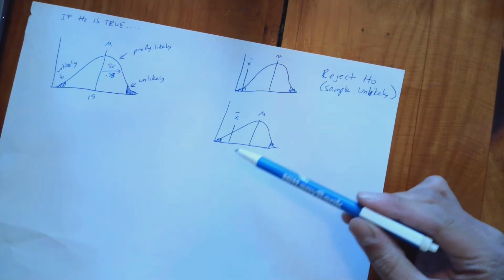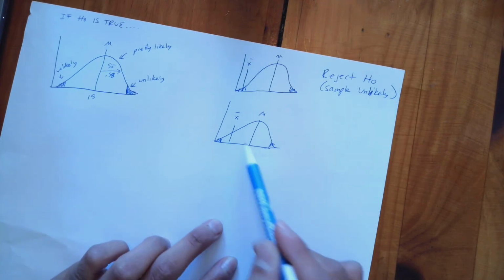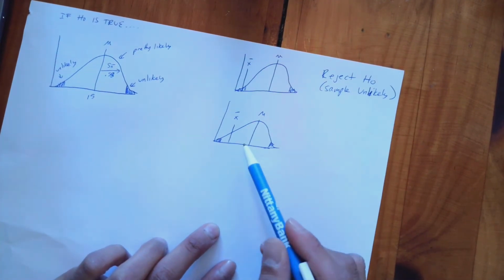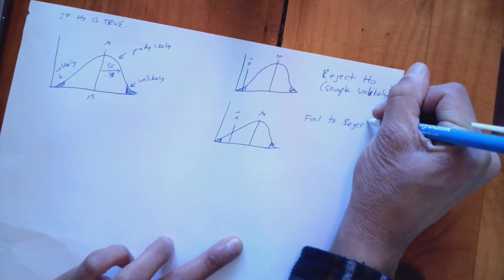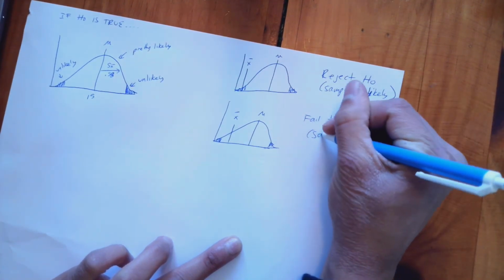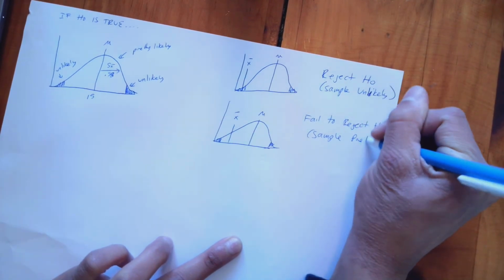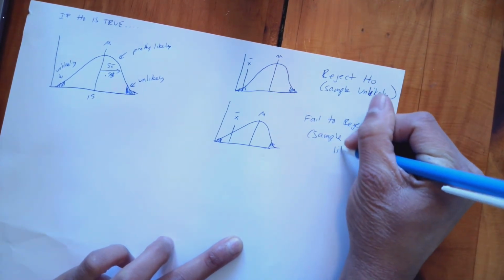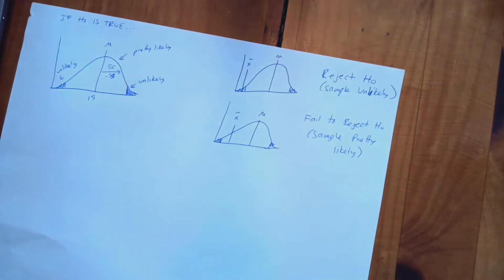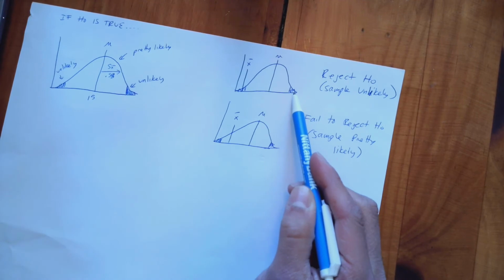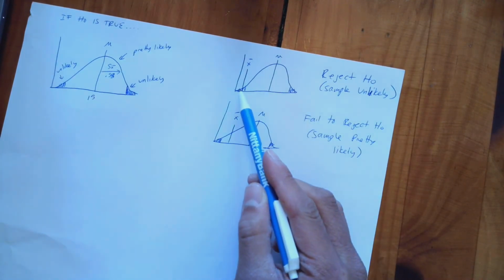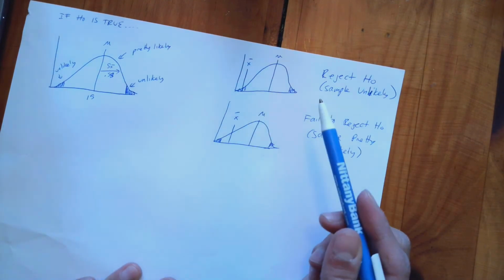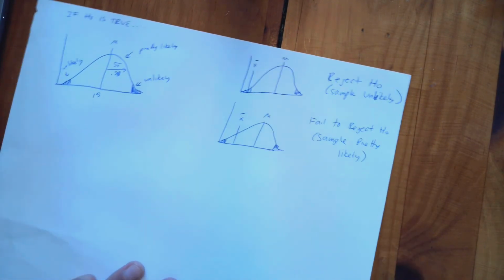If, on the other hand, the sample mean is in this middle zone of pretty likely sample means that you could get if the null hypothesis were true, we would fail to reject the null hypothesis. It's in that pretty likely zone. So if the sample is in one of these tails that's shaded off, we're saying this is just too unlikely if the null hypothesis is true. Then we're going to say our sample gives us evidence that the null hypothesis is not really true.